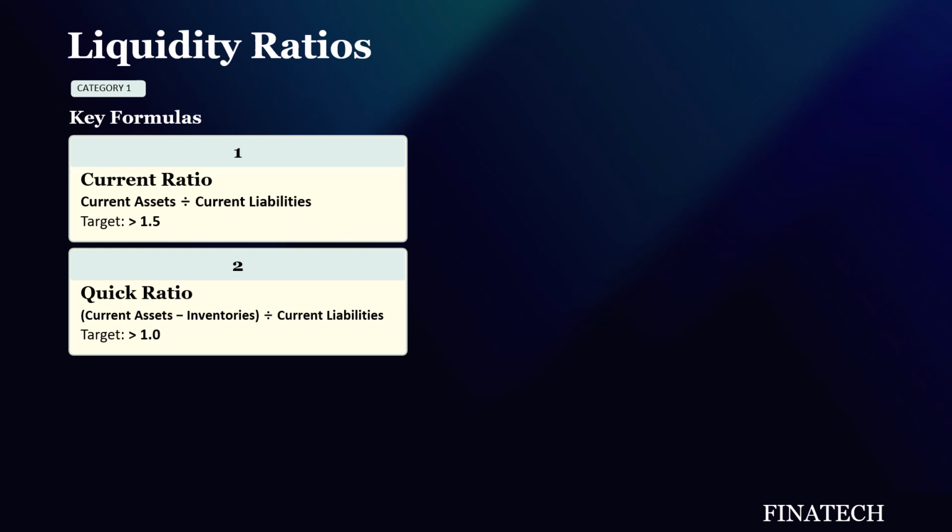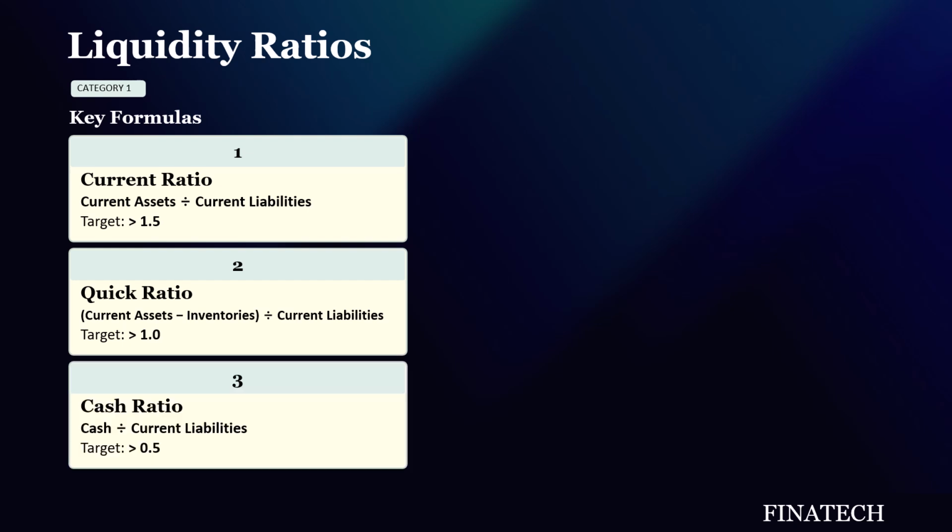Quick ratio: current assets minus inventories divided by current liabilities. Target must be higher than 1.0. Cash ratio: cash divided by current liabilities.